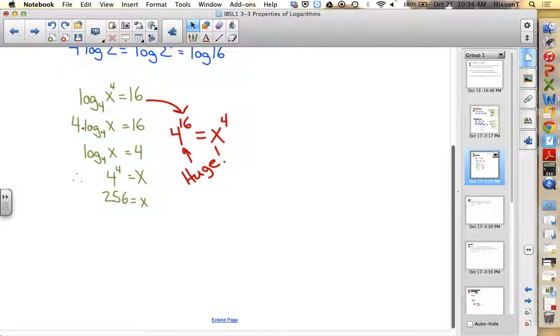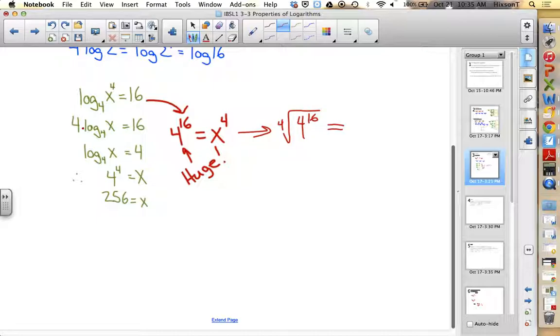This one we'd have to take the 4th root. Can we divide the power by 4? Well, you can't divide the power by 4. What you'd end up doing is taking the 4th root of 4 to the 16th and the 4th root of x to the 4th, and that would give you just x.